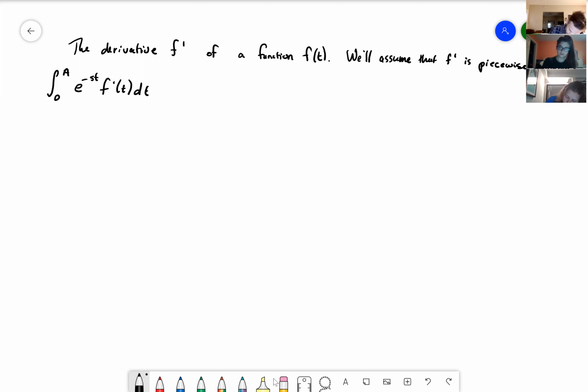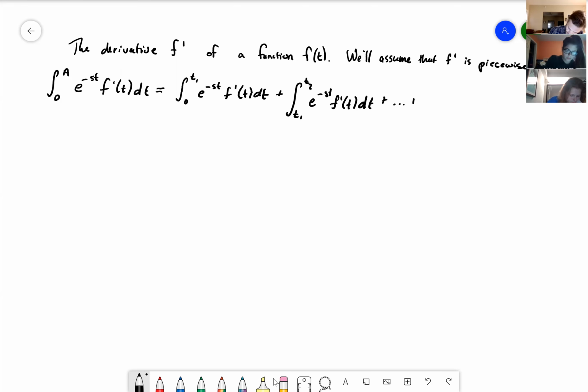Since it's piecewise continuous, I'll just integrate the pieces. So from 0 to t1, e to the minus st f prime of t dt, plus the integral from t1 to t2 of e to the minus st f prime of t dt, plus, and so on, up to the integral from tn minus 1 to a of e to the minus st f prime of t.